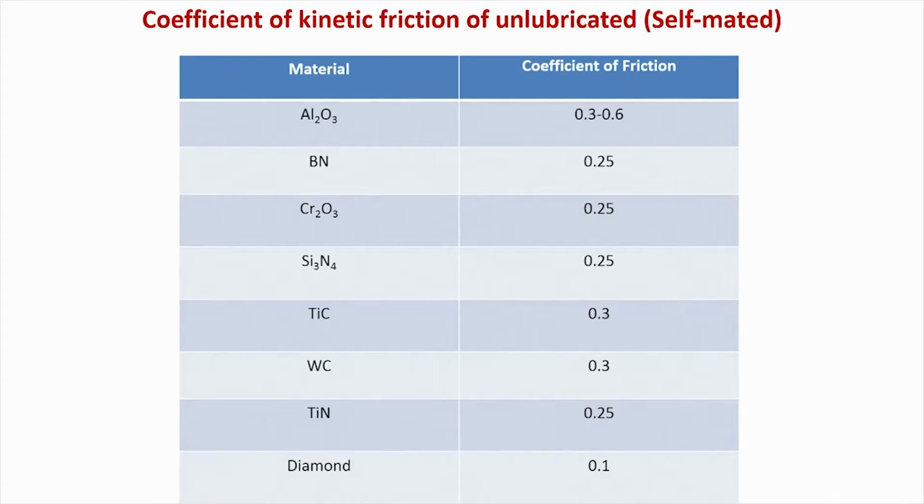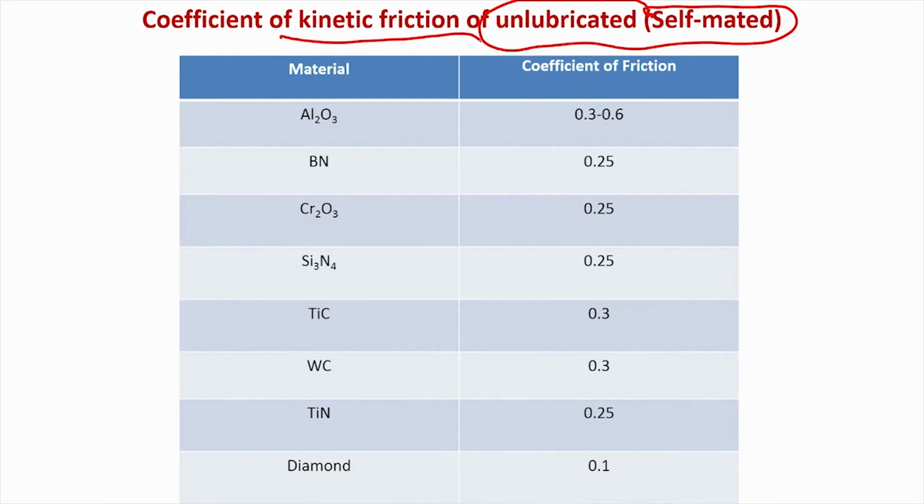Now, as I have mentioned, there are three types of materials: metals, ceramics, and polymers. You have already seen in the last two slides how the coefficient of friction of ceramics, polymers and metals varies in the self mated condition or against mild steel. In this particular slide, you are seeing the unlubricated self mated ceramic couples.